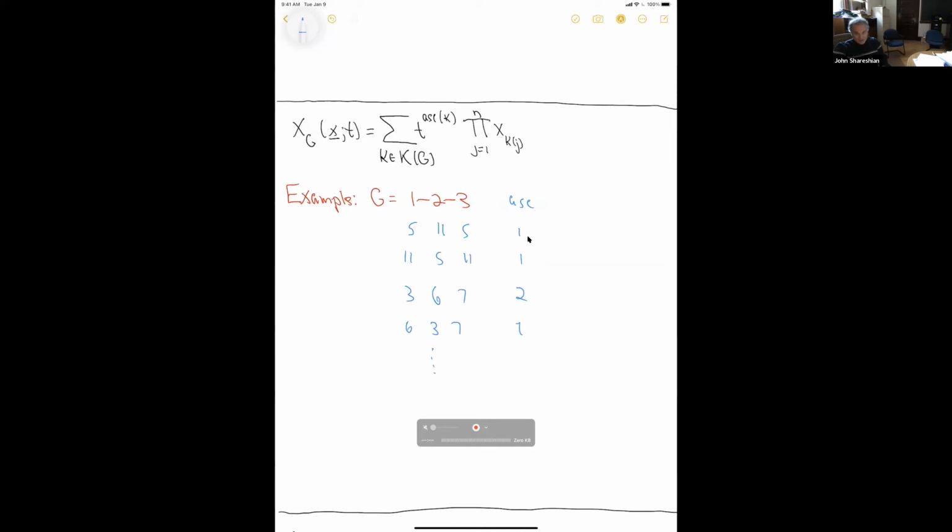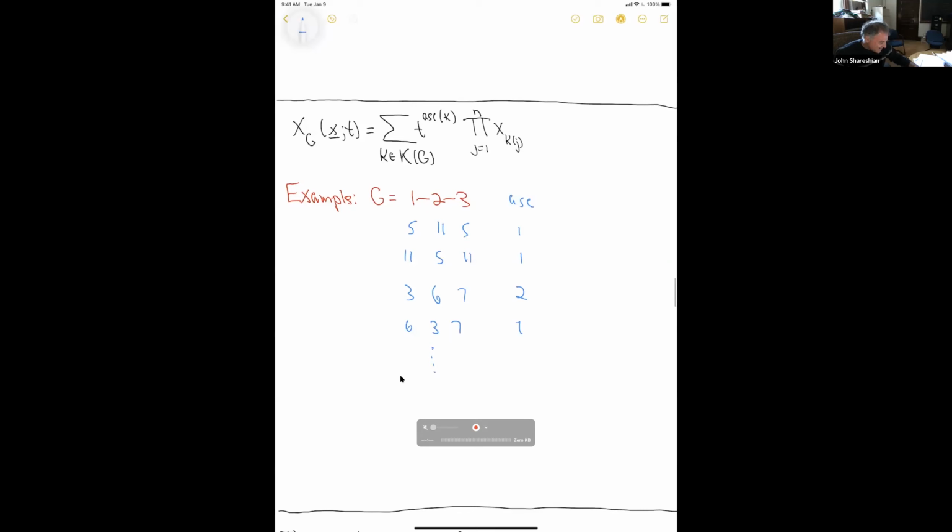But what you see is, first of all, this is some nice symmetry. It doesn't matter which monomial of the form x_i squared x_j, you usually have the same number of ascents. What I'm really doing is counting ascents in a permutation. I have all possible permutations of 3, 6, and 7. And what I see is that I'm really getting an Eulerian polynomial.